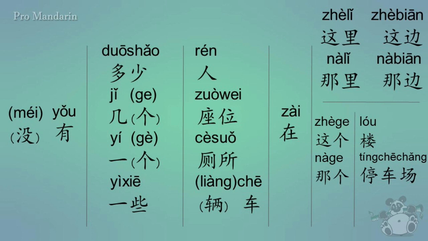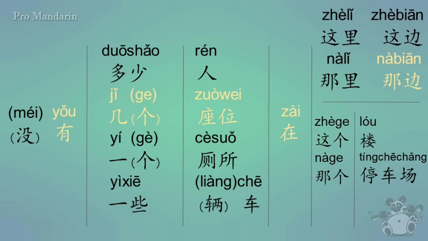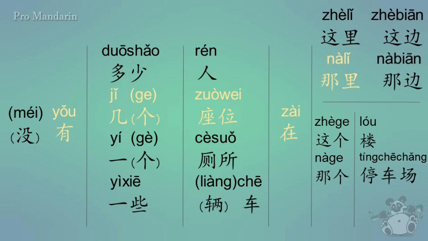Okay, so I think you should have the idea: if you're saying 有多少, you're asking a question, and then if you're answering and you use the negation form 没有多少, you're saying hardly any. Okay, so let me give you a couple other examples real quick. Let's say you want to ask how many seats are over there. You would ask 有几个座位在那边? Or 在那里. Either one's just fine.